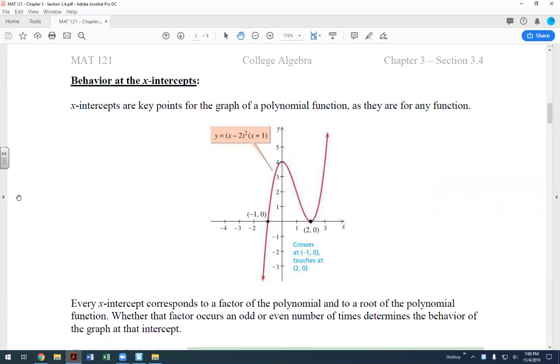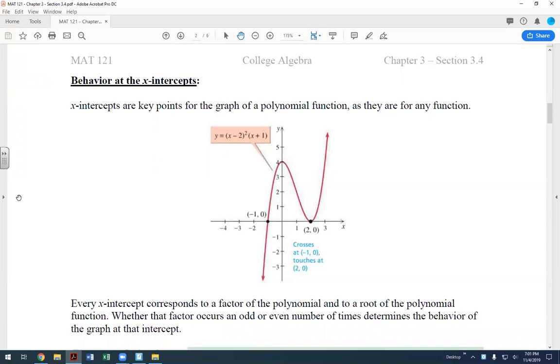So now how do we decide where it's going to cross and where it only touches? That comes from looking at the factors of your polynomial. You'll notice they're not giving this to us as x to the third minus whatever kind of numbers. They've actually factored the function, and then you look at what exponent each factor is raised to.